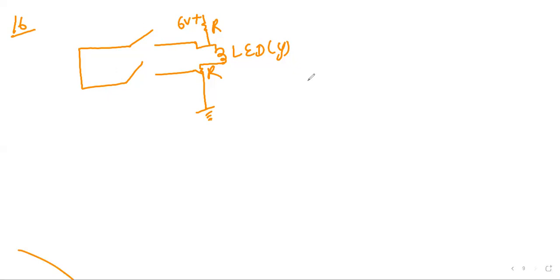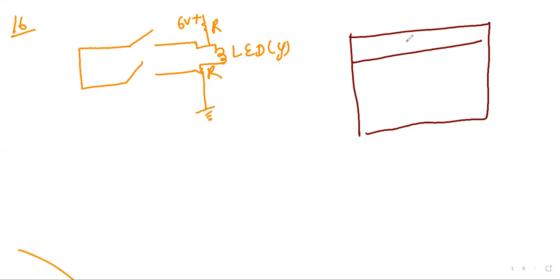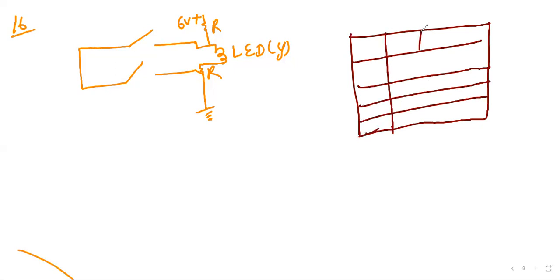So it is given 0, 0. So you can write the combination also. This is A, this is B, this is Y. So it is given signal.